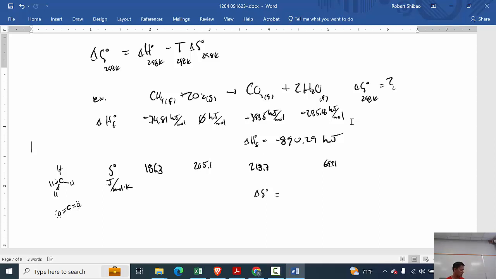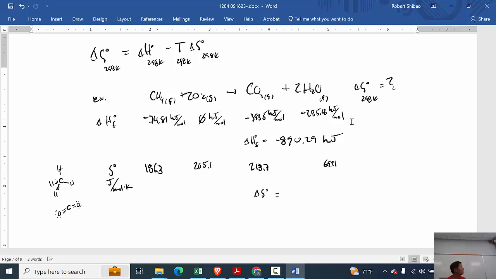So 69.91 times 2, plus 213.7. Okay, that's the products minus the reactants. So minus 186.3, minus 2 times 205, or 410.2.